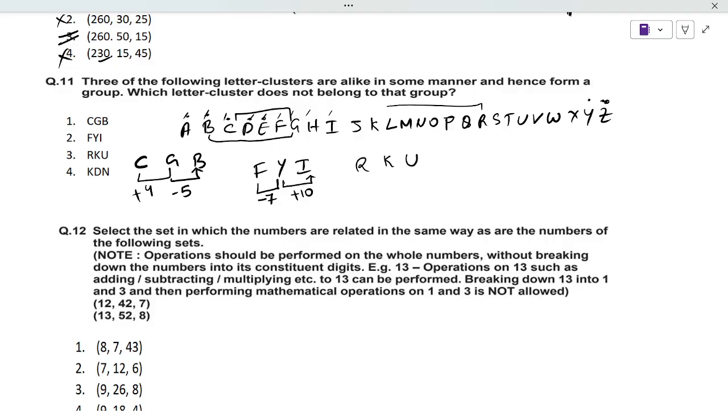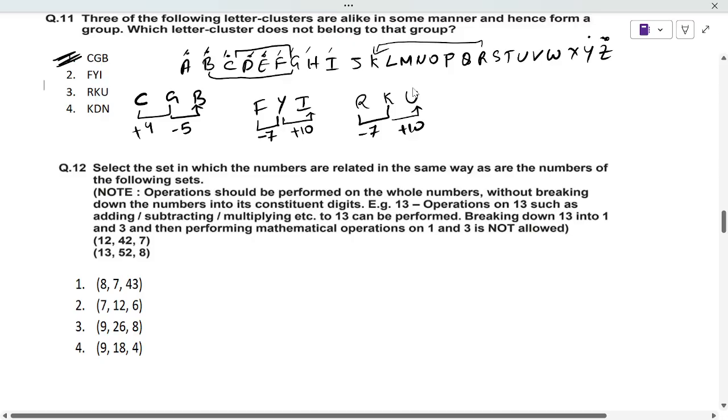So let's do minus 1 2 3 4 5 6 7. Yes, so I think the answer will be this one, because here we're using minus 7. Here are we getting plus 10? No, K is here. If we take then 1 2 3 4 5 6 7 8 9 and 10. So yeah, 100% option 1 is the answer. The rest of the options will get minus 7 plus 10.